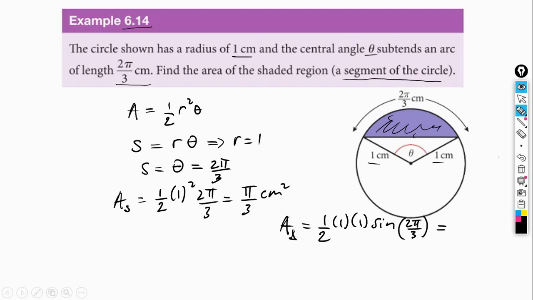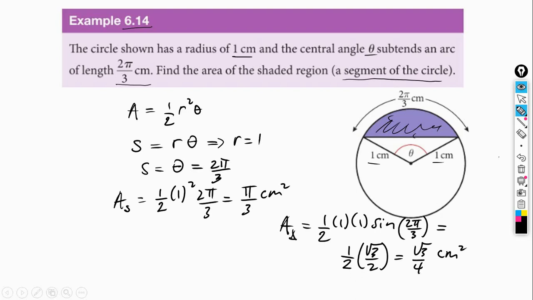And this is equal to 1/2 times the sine of 2 pi thirds, which is square root of 3 over 2. And this is going to give us square root of 3 over 4 centimeters squared.